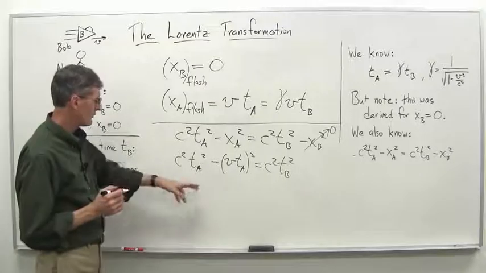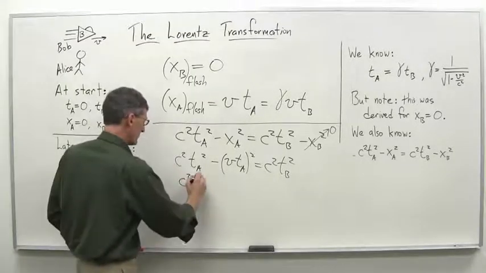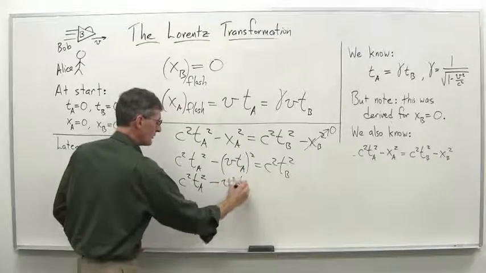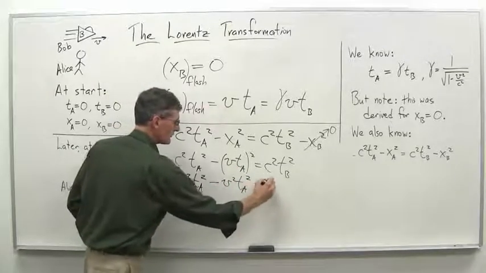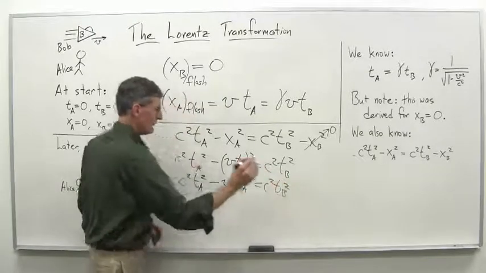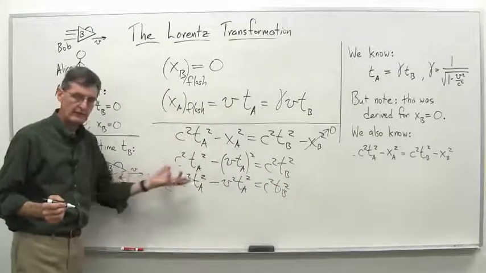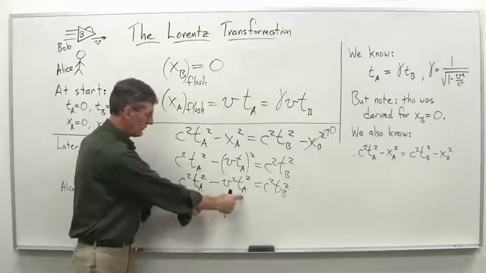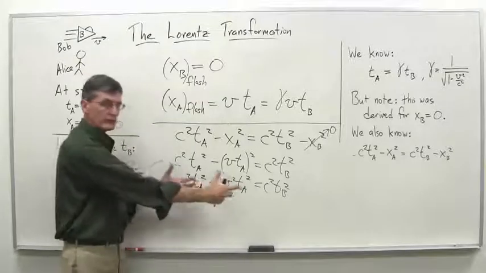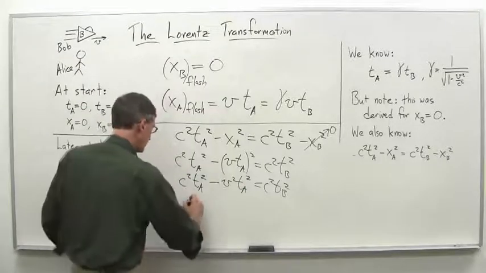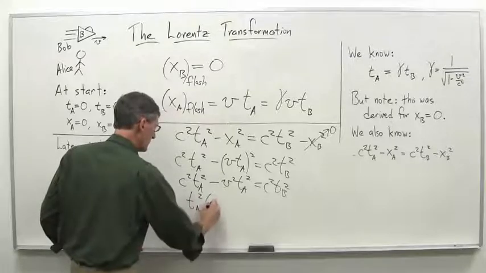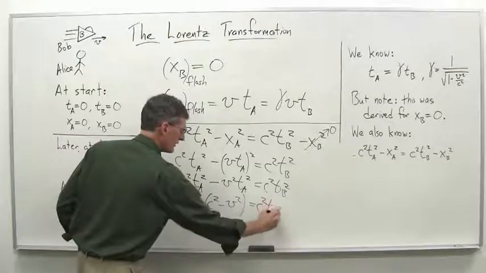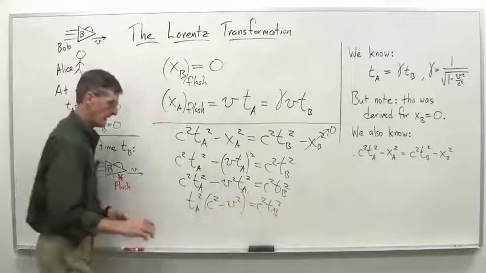So we'll do every step here: c squared t_a squared minus v squared t_a squared equals c squared t_b squared. Now I just have the times in there, t_a and t_b. I've got a t_a squared in both of these terms, so let's factor that out. That gives me t_a squared times (c squared minus v squared) equals c squared t_b squared.